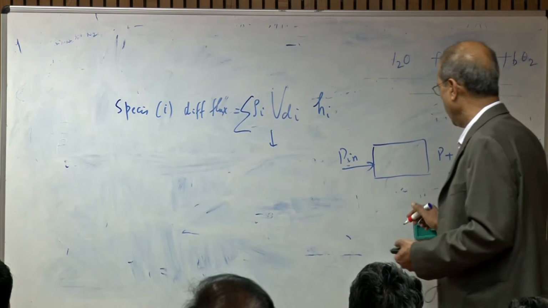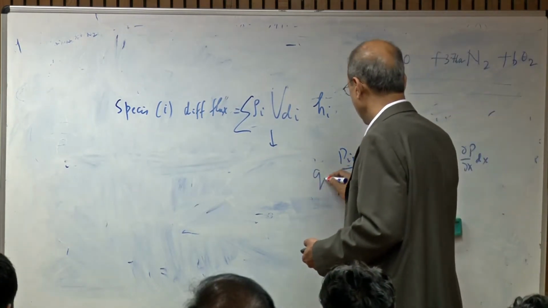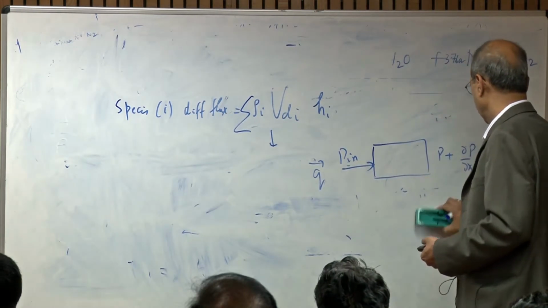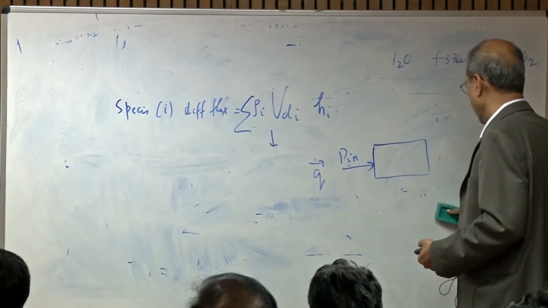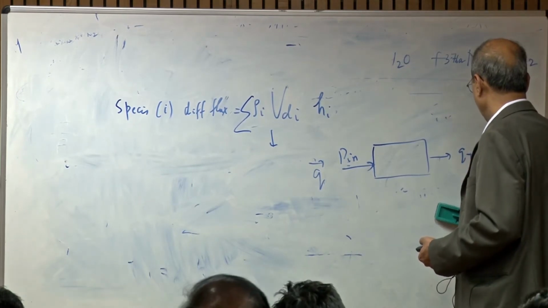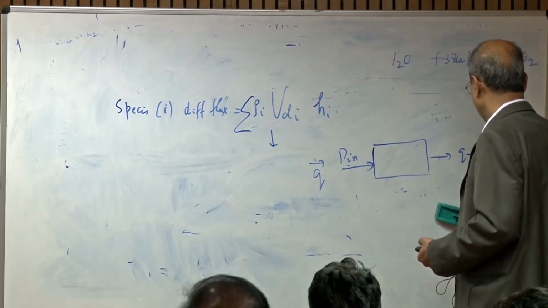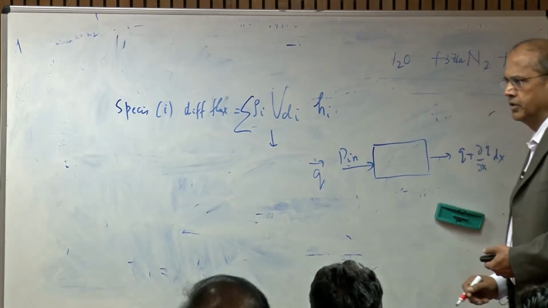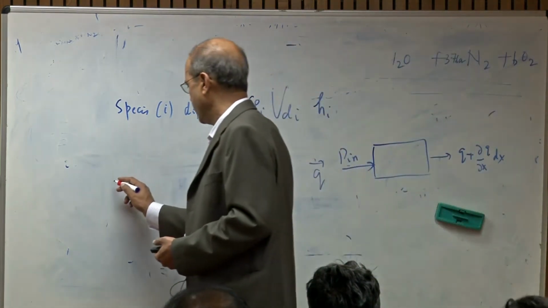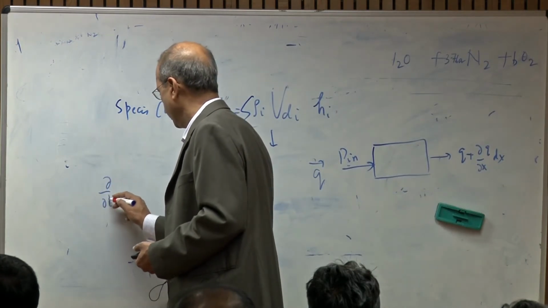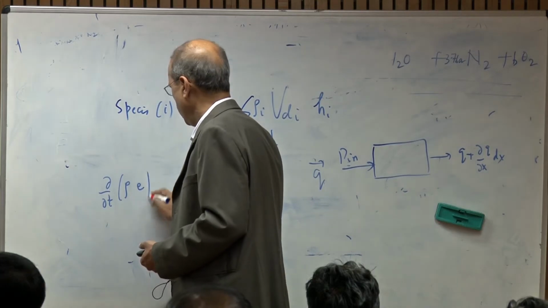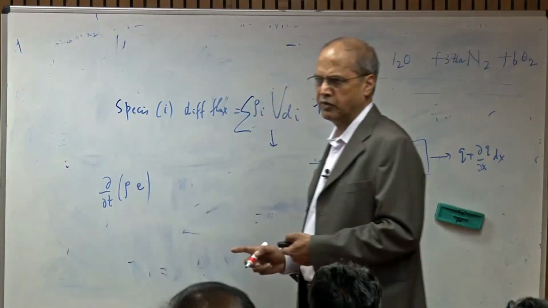So P here is now the Q vector, so I don't have to use P at all. So this will be Q plus dq/dx dx. When you start writing now, you get d/dt of rho times E, remember E is u plus v squared over 2.